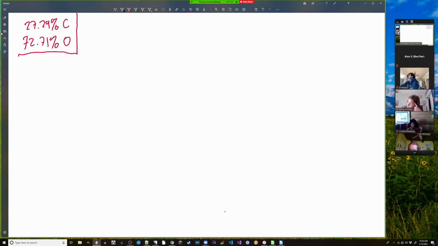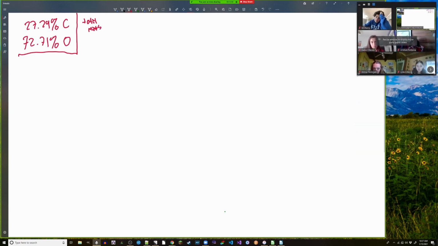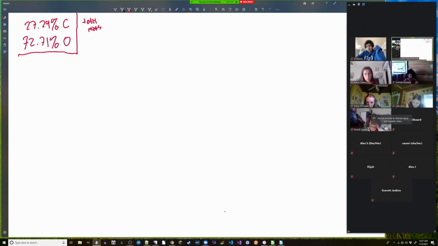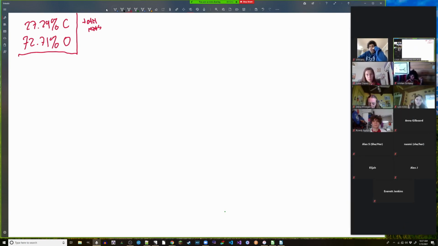So we can actually arbitrarily assume that the total mass of our sample in grams is honestly anything we want. We could assume it's 33.78 grams. We could assume it's, pick your favorite number, 42 is the answer to life, the universe, and everything. But I think by far the easiest thing to choose is 100 grams.